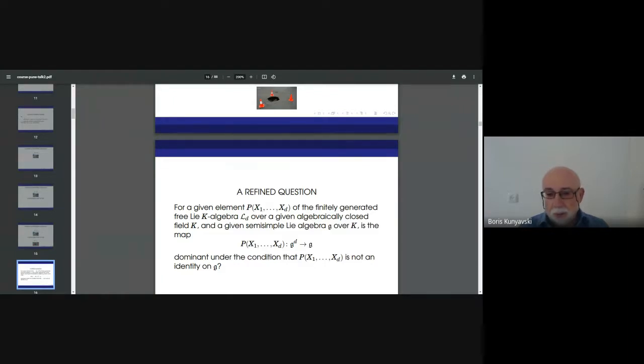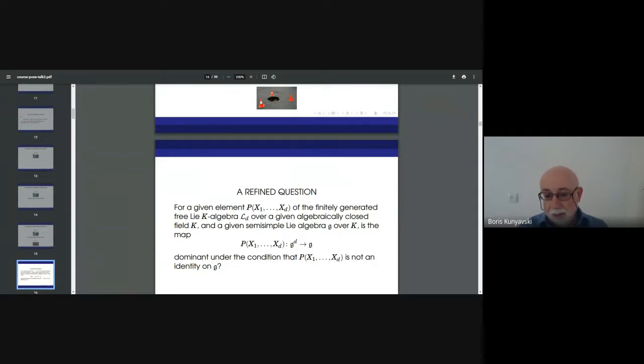I do not call it a word map because it's now not a word but a polynomial, but it's the same principle. It's an evaluation map. Instead of capital X1 and so on, capital XD, I substitute elements of our Lie algebra G. Then I perform all operations which appear in the definition of the polynomial: I compute all Lie brackets, all multiplications by scalars and all additions.